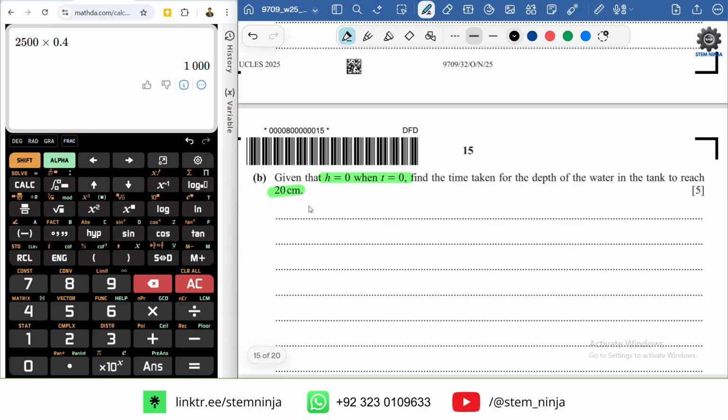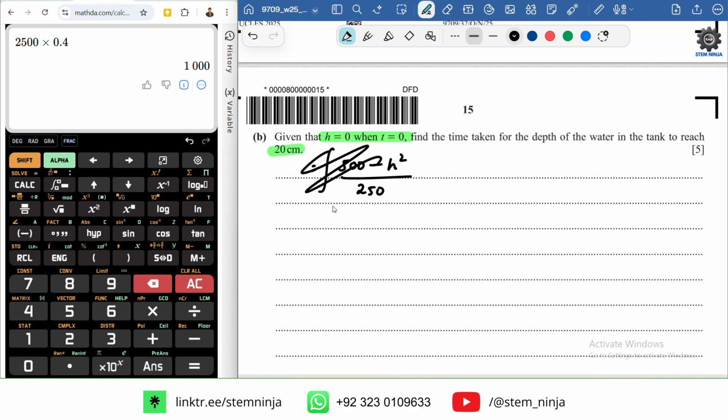Right, so first off, that means we need to integrate that. So h would be the integral of this thing, 500 minus h squared over 250. Sorry, wait. We have to separate, no? So dh over dt is 500 minus h squared over 250.